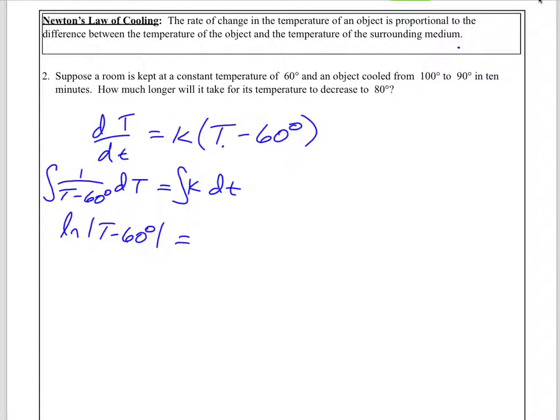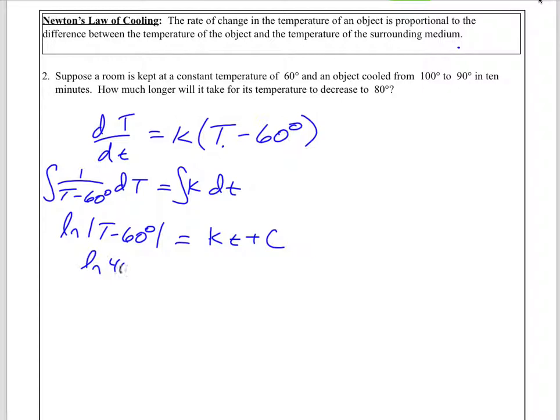All right. So what do I get on the right side? KT. KT plus C. Now what? Plug in, solve for C. Plug in 100 and 0 first.